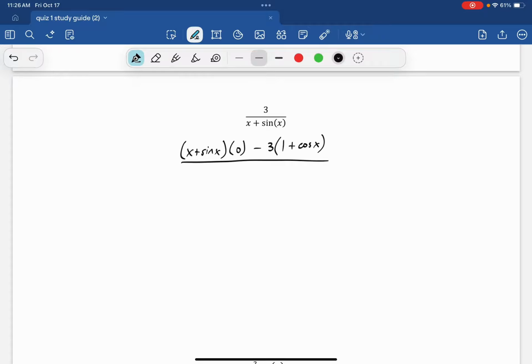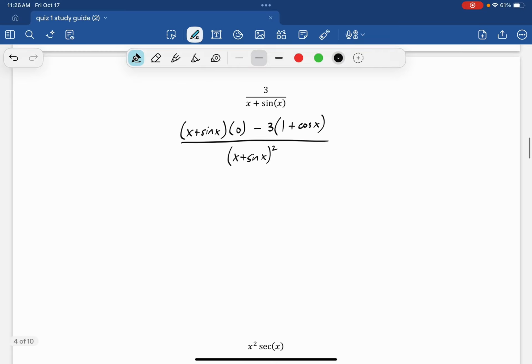And that's all over low squared. Okay, so if I simplify the top, this is going to reduce to 0, and so I'm left with minus 3 times 1 plus cosine x all over x plus sine x squared. And I'm done.